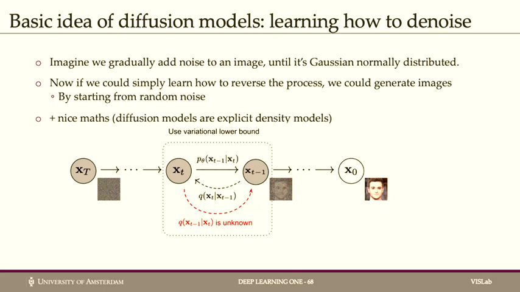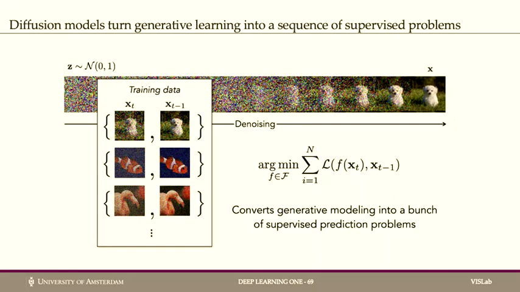And of course, there's nice mathematics, because diffusion models are one of those explicit density models, but still give you really good performance. And you're trying to learn this green function, essentially. The main idea is that these diffusion models basically turn generative modeling into a sequence of supervised models, right?